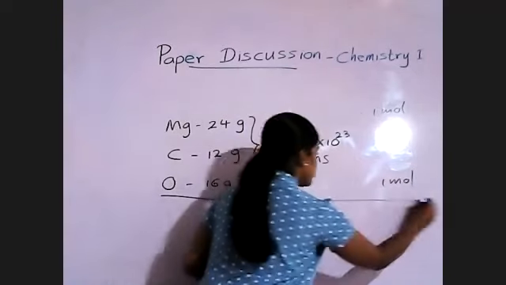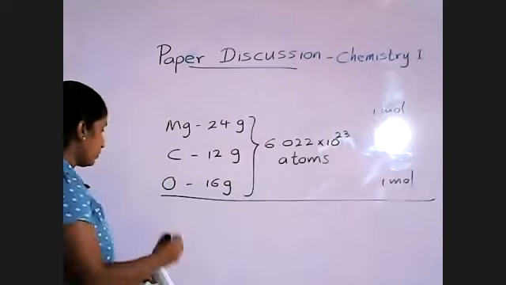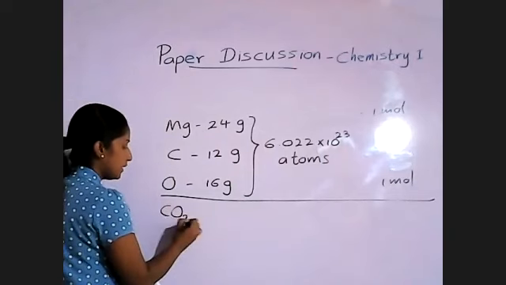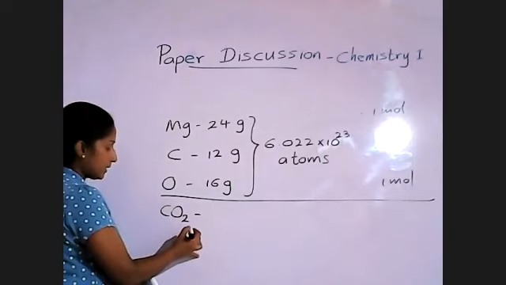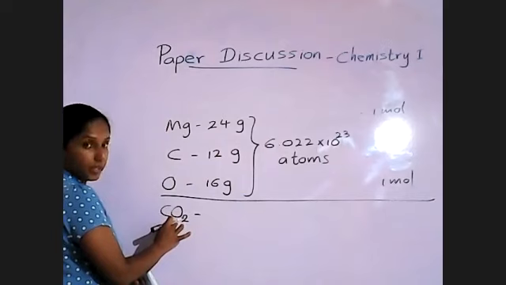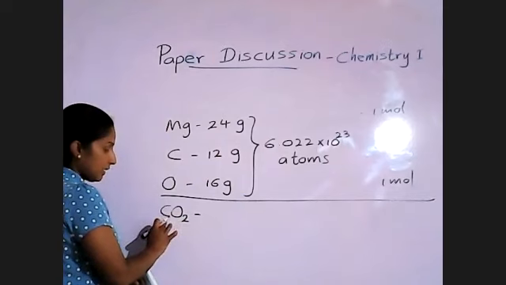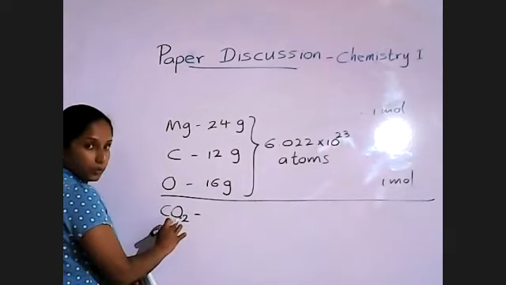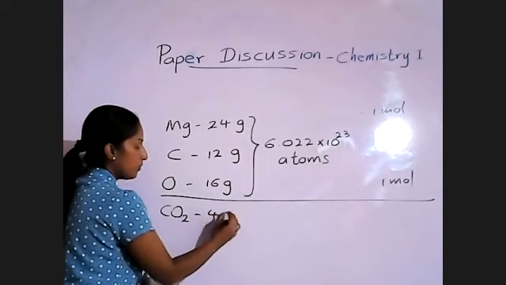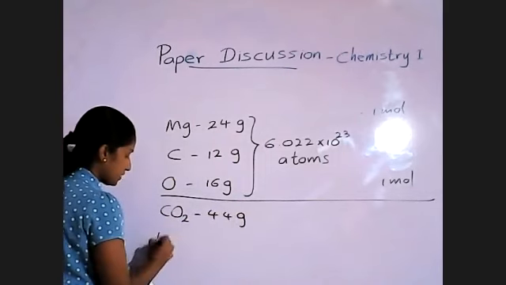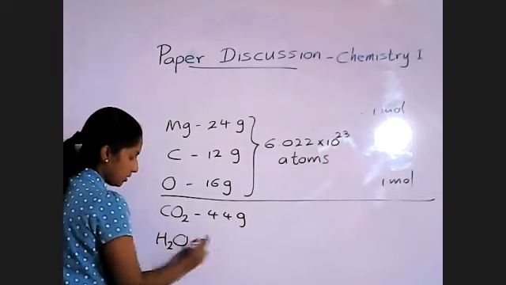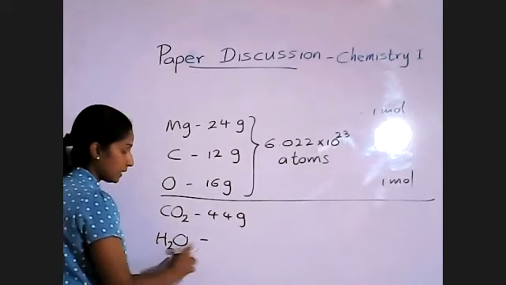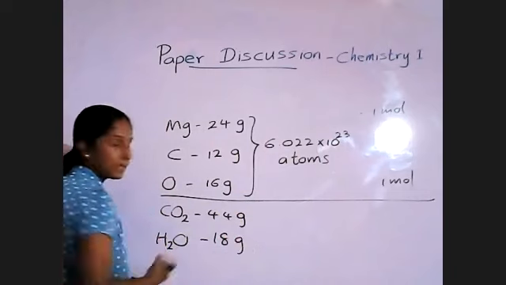If it is in molecules, like carbon dioxide, I think you can remember how to get the relative molecular mass: 12 plus 32, 44 grams. If it is water, H2O, 2 plus 16, altogether 18.